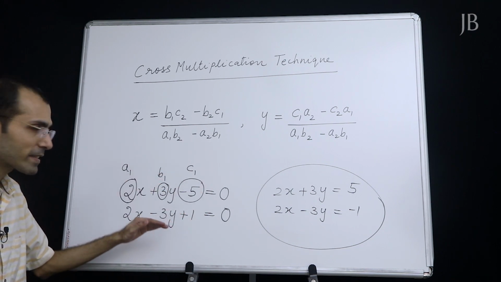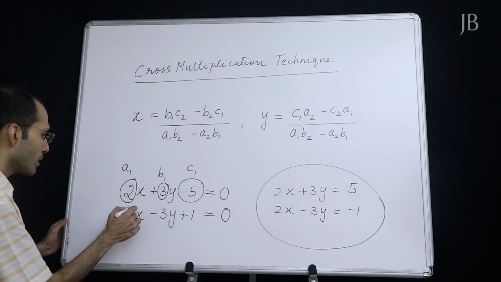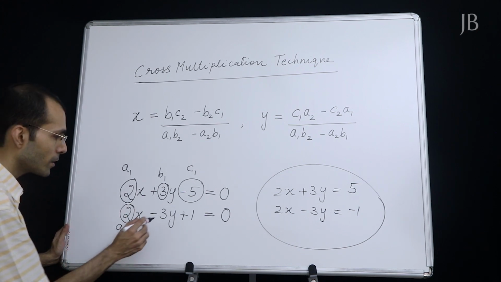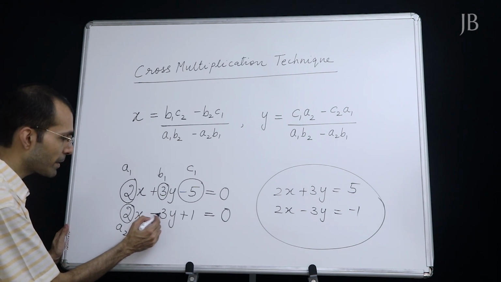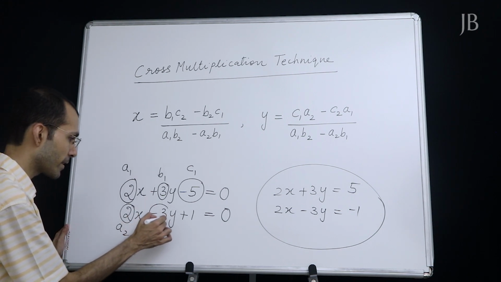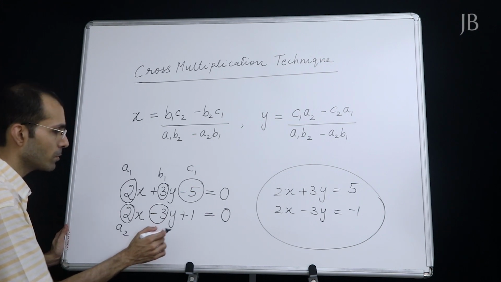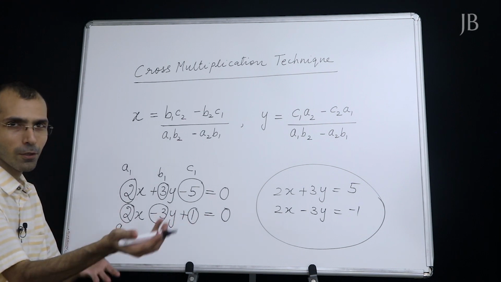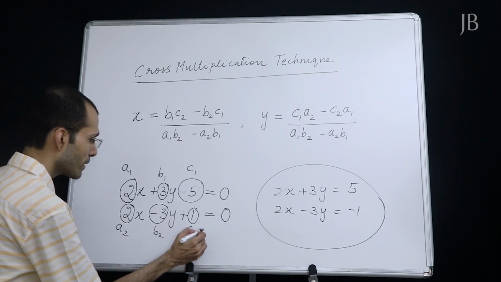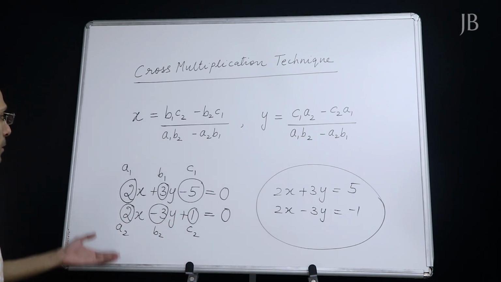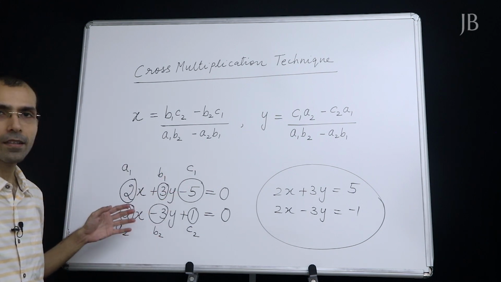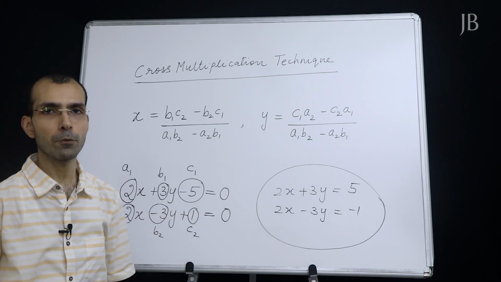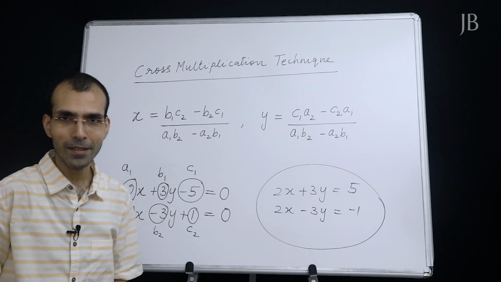Now when we come to the second equation, this will be a2. What will be b2? Will it be 3 or will it be minus 3? Minus 3. This will be your b2 and the constant term is 1. I mean positive 1, so no problem. Plus 1 or 1 is the same. This will be your c2, over. Once you have identified this, just put it in this formula and you are done with the problem, no matter how much ever difficult the sum is, right?